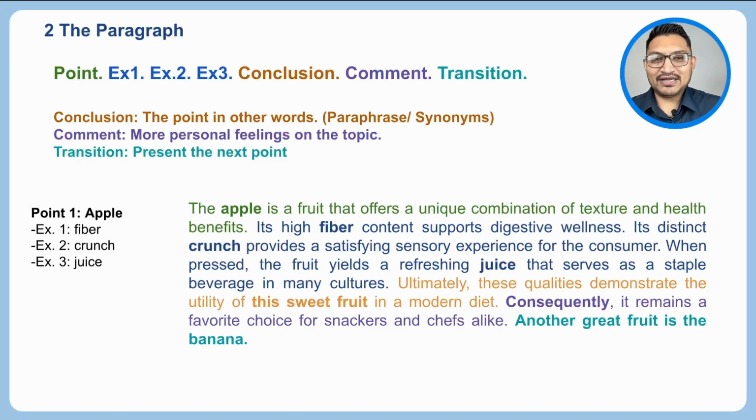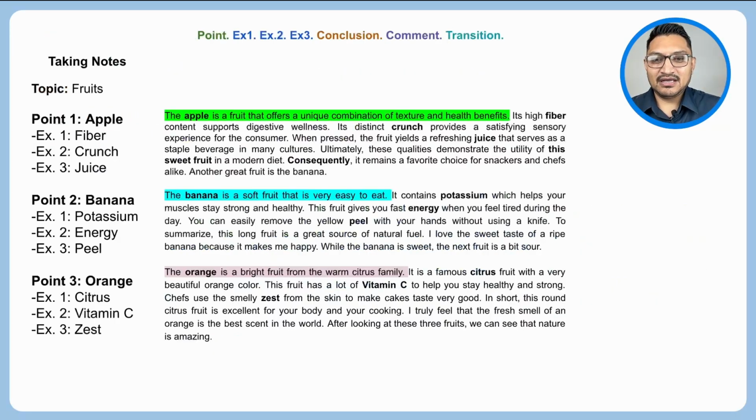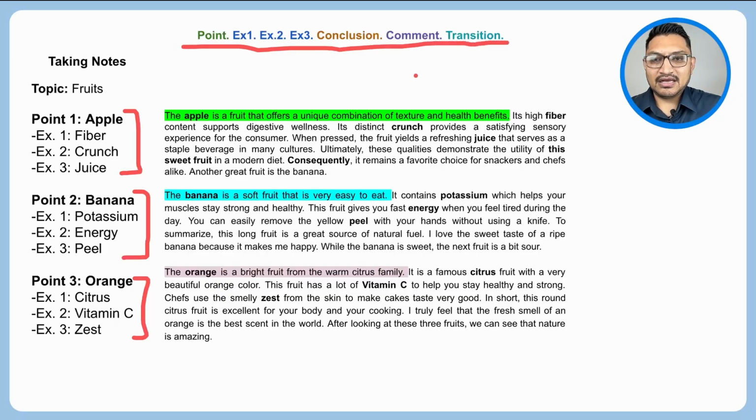Okay, so let's see how the 3 paragraphs would look as finished. So here I have my point number 1, my point number 2, and my point number 3. And by using this formula that we just saw, I have transformed each point into an academic paragraph.